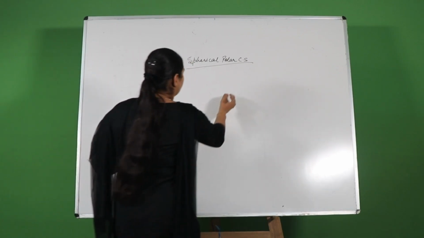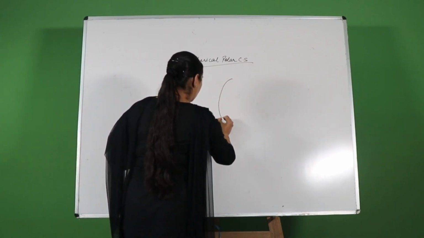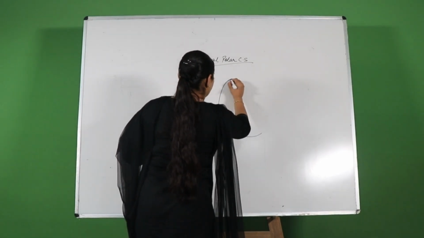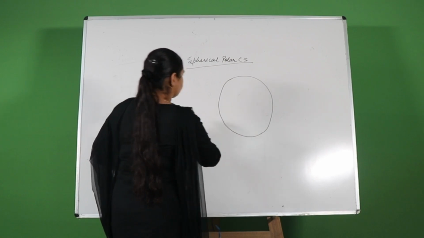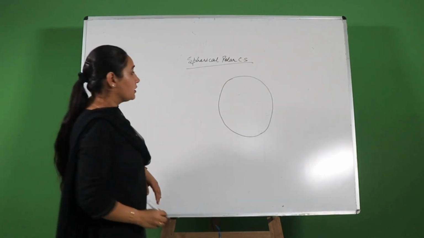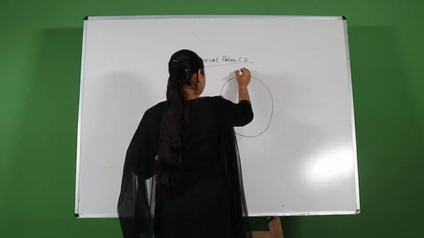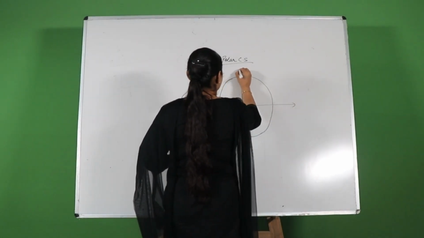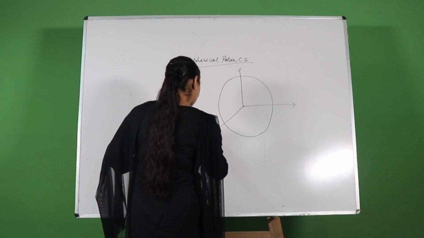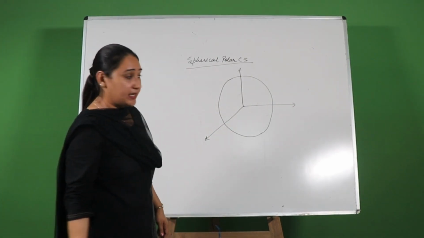So first of all, we will draw a sphere like this. We have three axes.